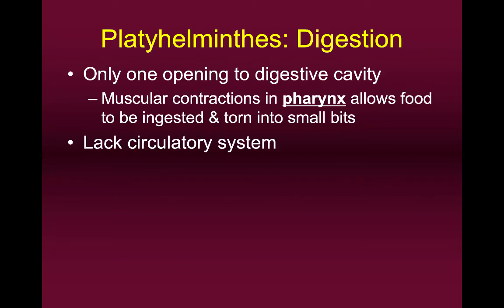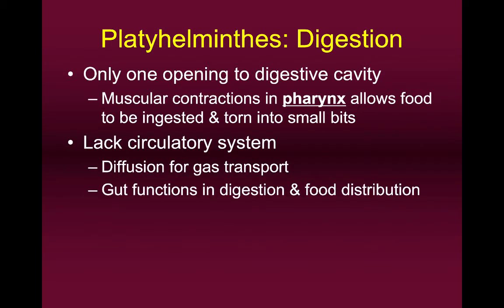Not a whole lot of complexity in terms of other systems. There is no circulatory system, which means all circulation of nutrients and waste has to be through diffusion, which we've seen before. Not a super efficient process. It's cheap, but it's also not very efficient, which means the size of flatworms is going to be limited accordingly due to their lack of a circulatory system. No respiratory system either.